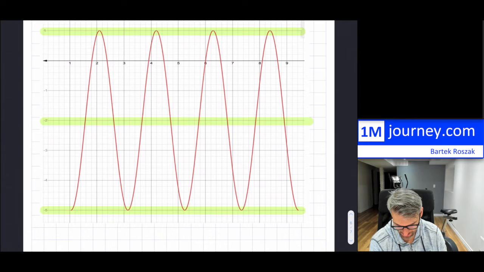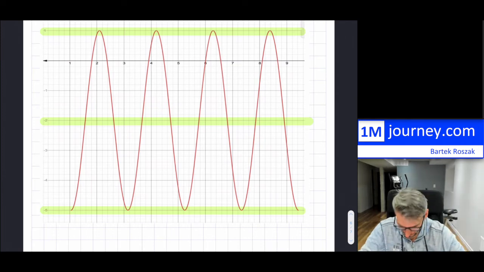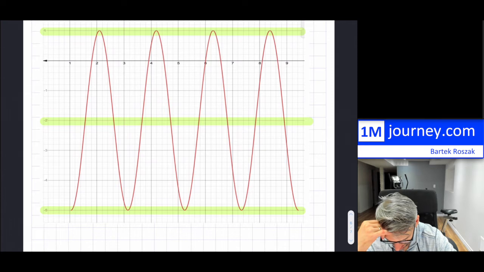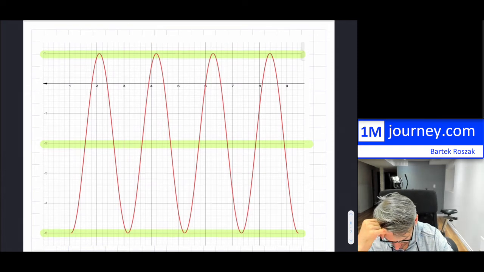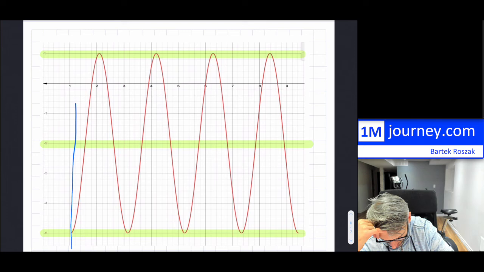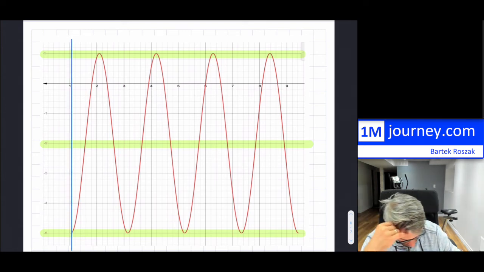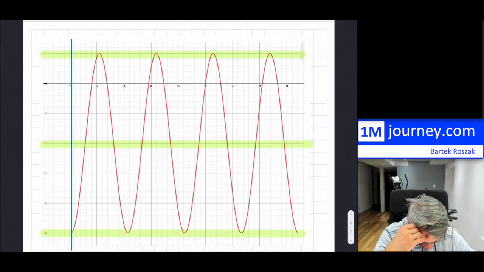Okay, what do we have? I'm going to try to find just one cycle, a convenient one in here. It looks like it's starting somewhere a little bit further than 1, so we are going to do a little bit of guessing. It looks like it's starting from 1 and ending somewhere around here.